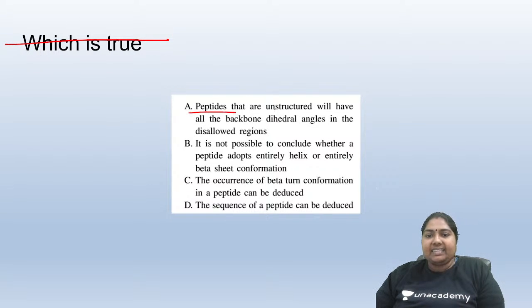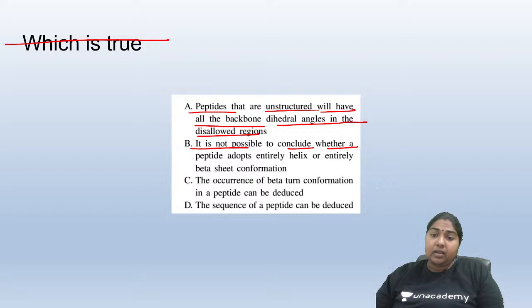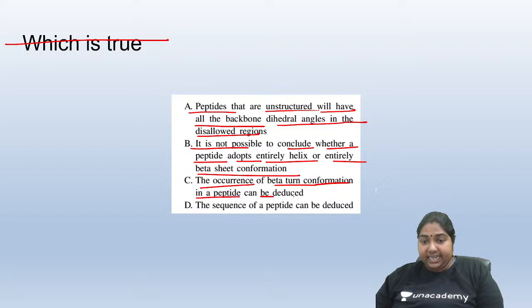The peptides that are unstructured will have all the backbone dihedral angles in the disallowed region. It is not possible to conclude whether a peptide adopts entirely helix or entirely beta sheet conformation. The occurrence of beta turn conformation in a peptide can be deduced. The sequence of the peptide can be deduced.